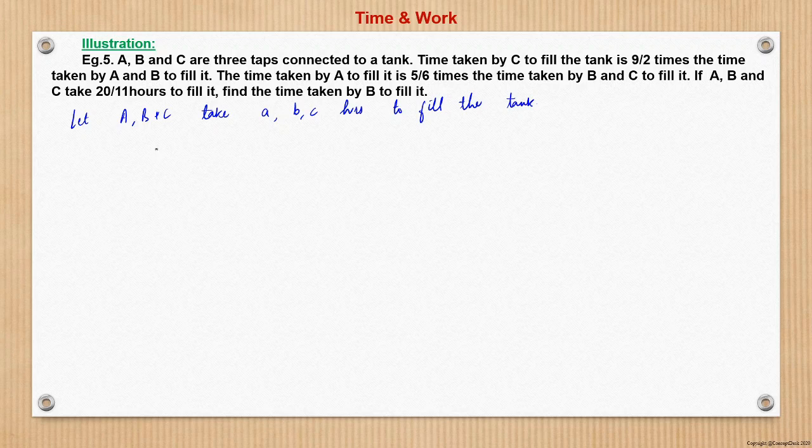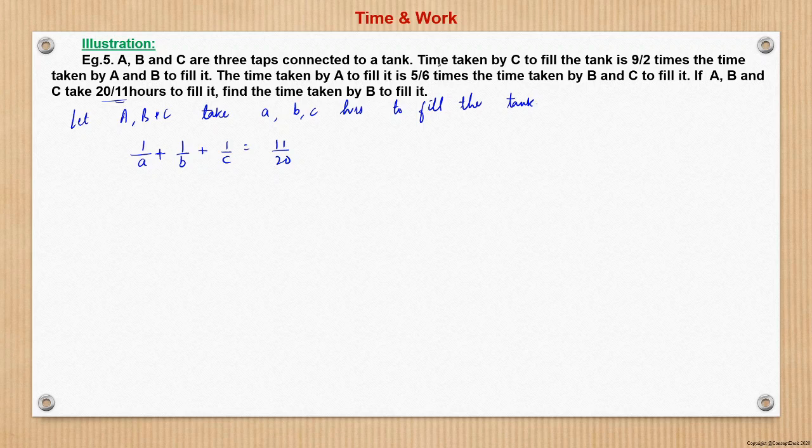This we have assumed. So we can say that 1 by A plus 1 by B plus 1 by C is nothing but, since A, B and C together take 20 by 11 hours, 11 by 20. Right, this we can say. So this equation is there.